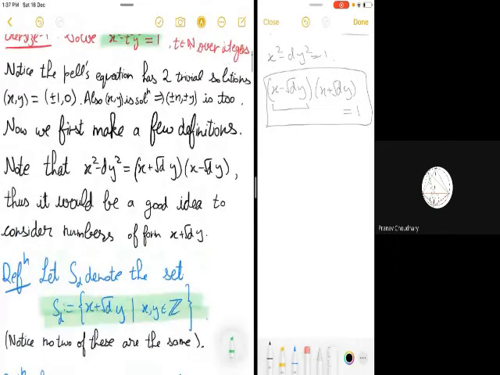So can anyone tell me why this set doesn't contain two same numbers? Like, why is x plus root d y equal to x' plus root d y' implied by and implying x is x', y is y'?